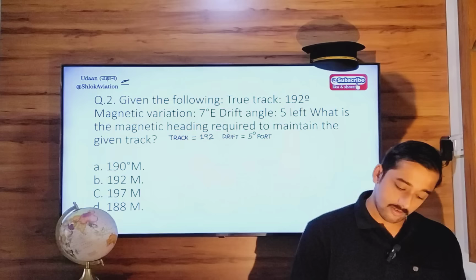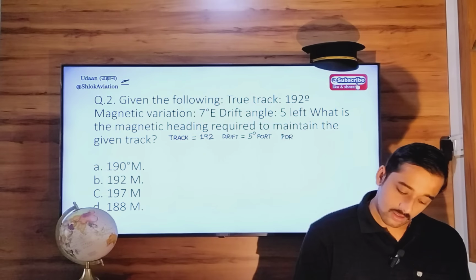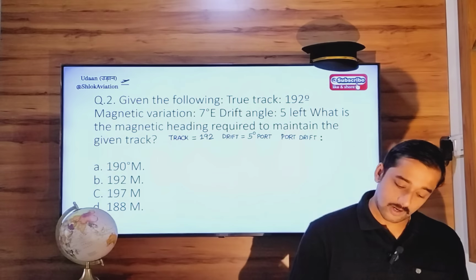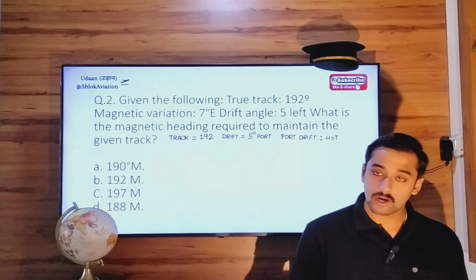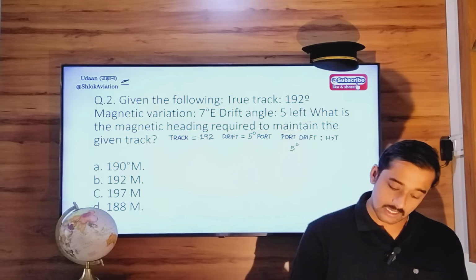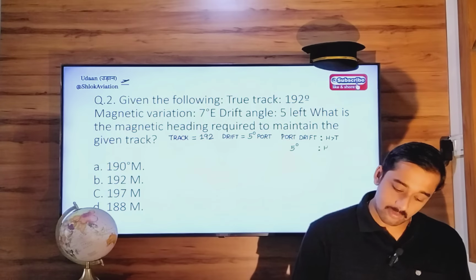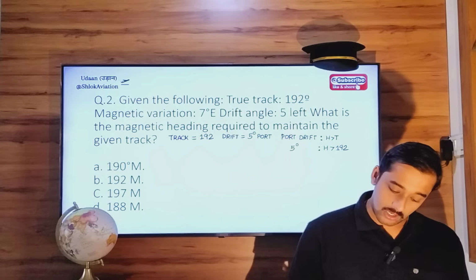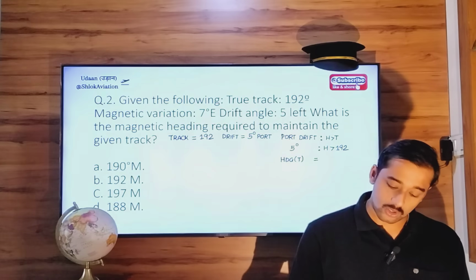Now with a port drift, heading is more than your track. So if drift is 5 degree port, your heading will be more than your true track of 192. So your true heading will be more than 192 by 5 degrees.